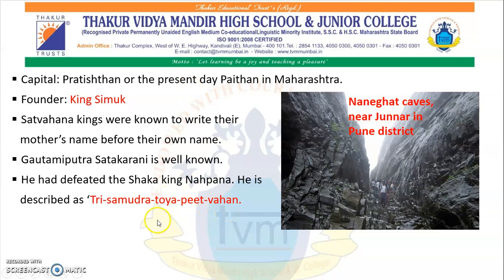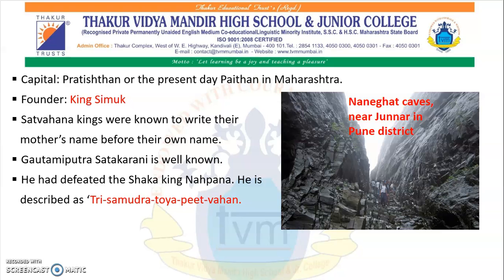Toya means water, Samudra means sea, and Tri means three, Peeta Vahana. So the whole title means one whose horses have drunk the water of three seas. And which are those three seas? The Arabian Sea, the Bay of Bengal, and the Indian Ocean. It means he has defeated the kings of many areas.